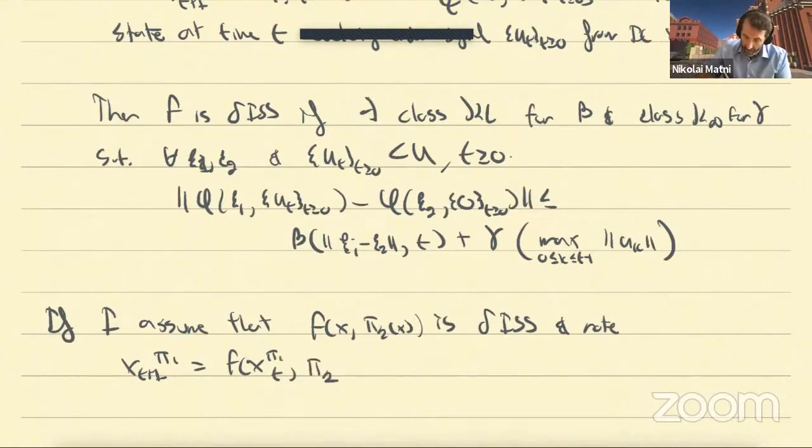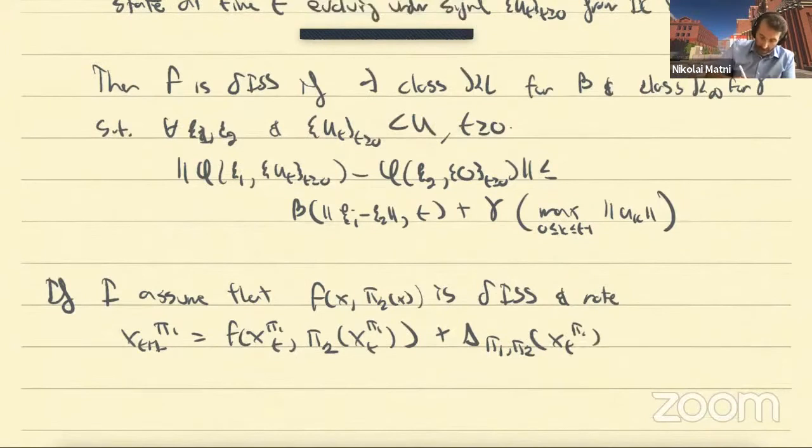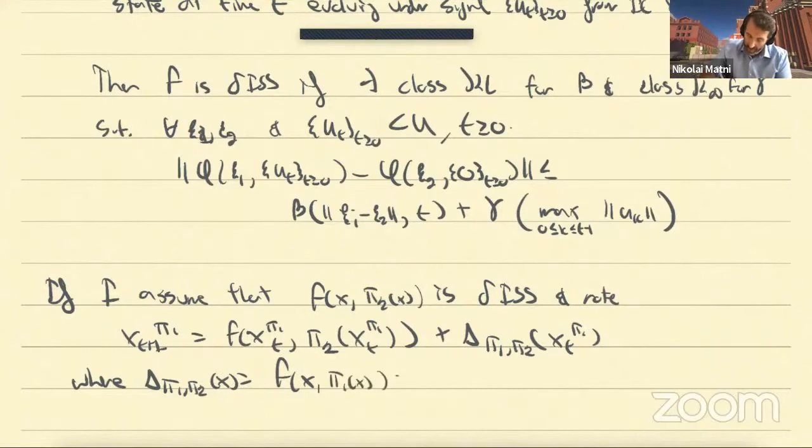This is all evolving under pi 1 plus delta pi 1 pi 2 applied to x of t under pi 1, where delta pi 1 pi 2 of x is just equal to f of x, pi 1 of x minus f of x, pi 2 of x.